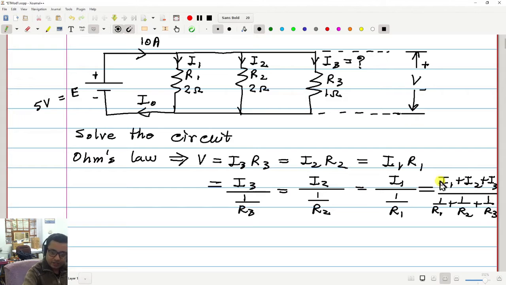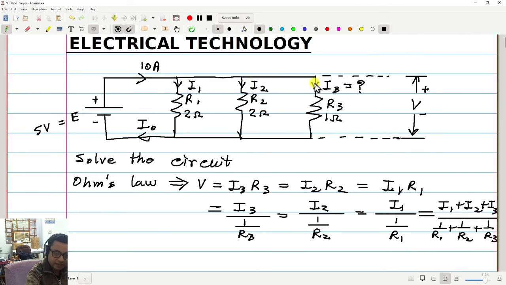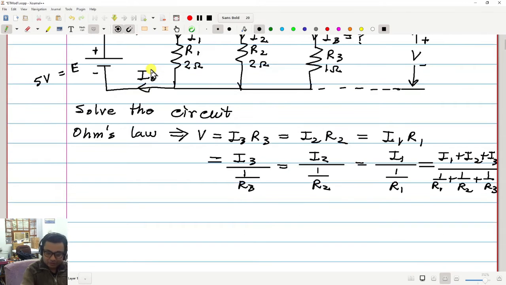Now, I1 plus I2 plus I3, these three currents together must be equal to 10 ampere. So this is equal to 10 ampere, and then the values of R1, R2 and R3 you can put. So that will be 1 by 2, 1 by 2 and 1 by 1.